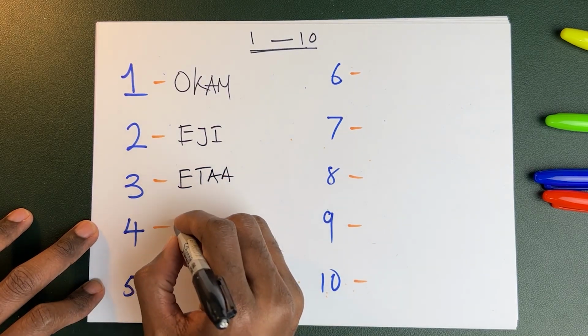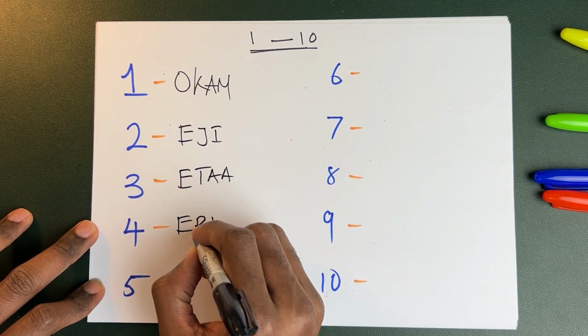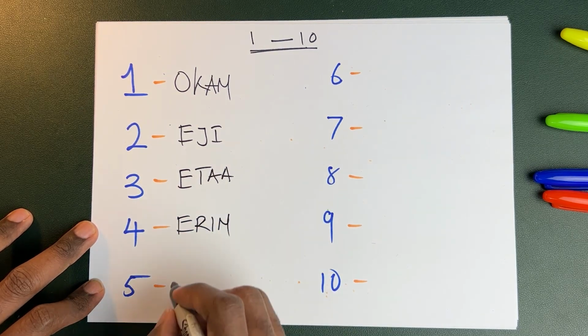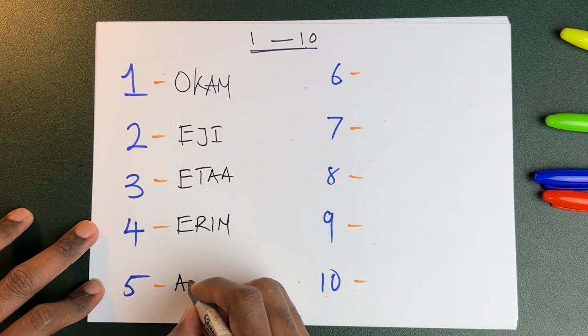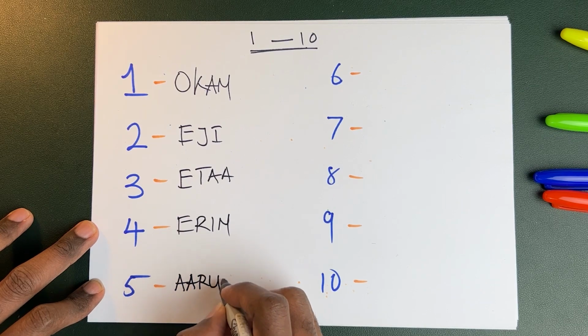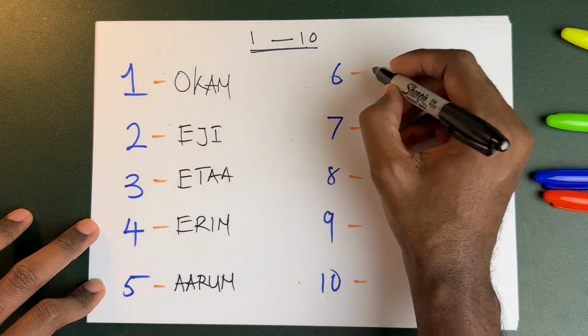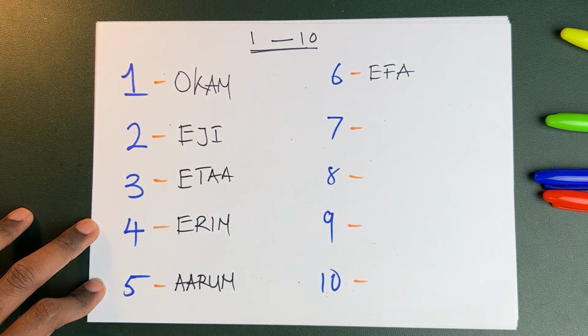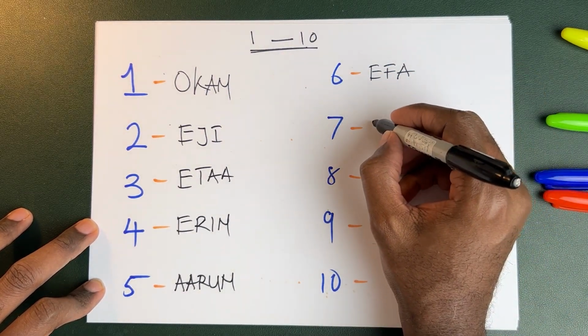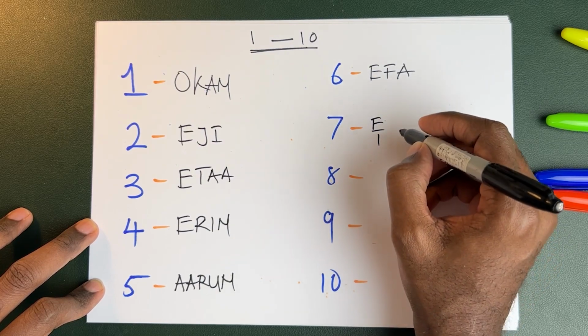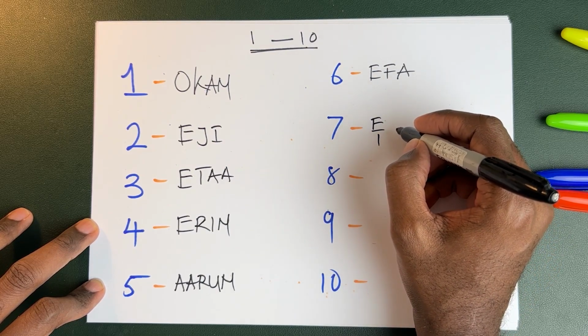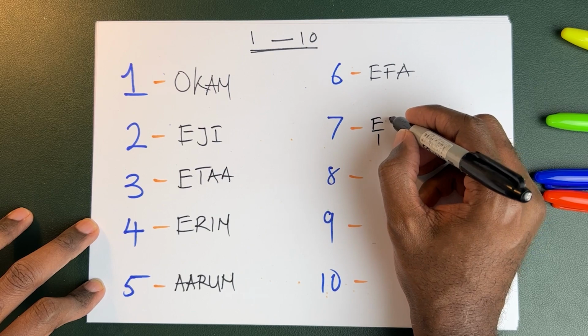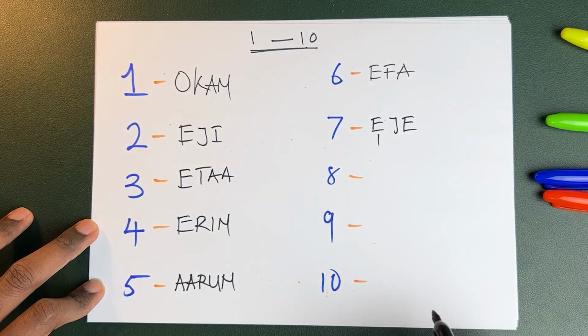4 is Ẹ̀rin. 5 is Àrún. 6 is Ẹ̀fà. 7 is Èje.